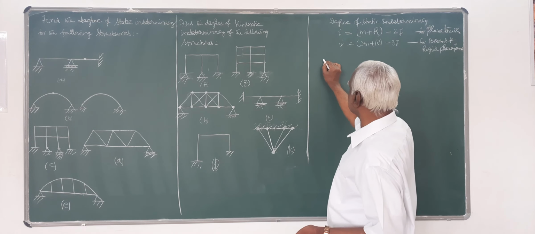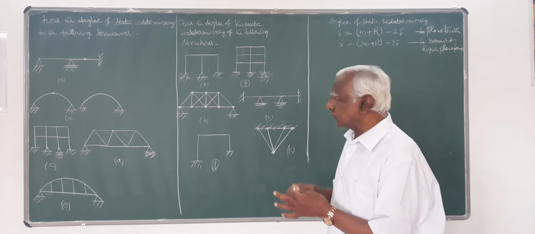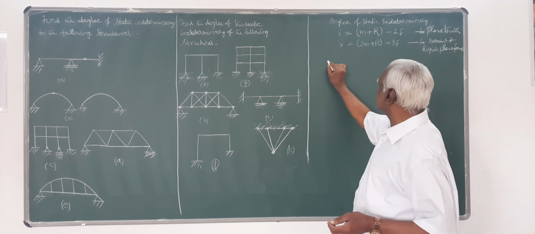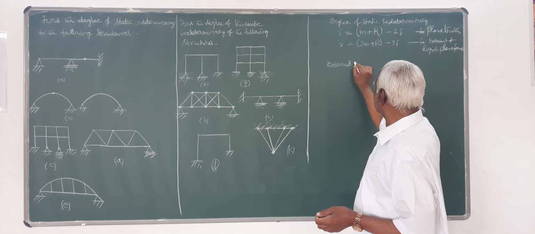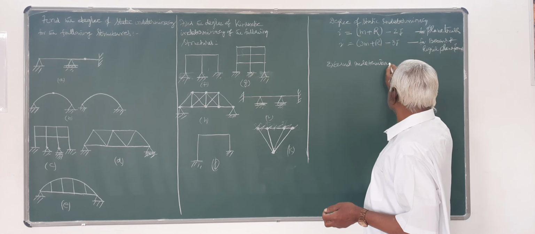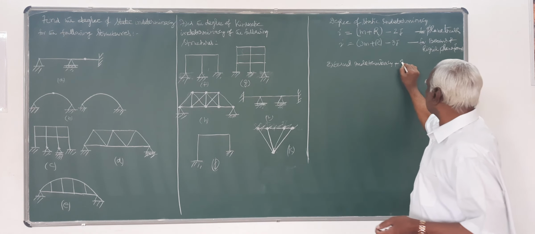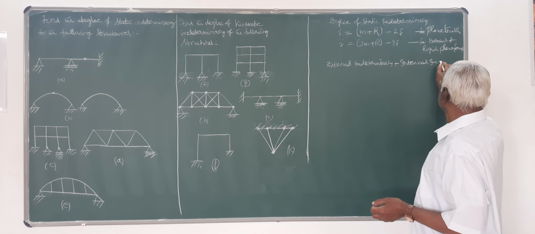Here, the degree of static indeterminacy, you can classify into two types also: one is external indeterminacy, plus internal indeterminacy.